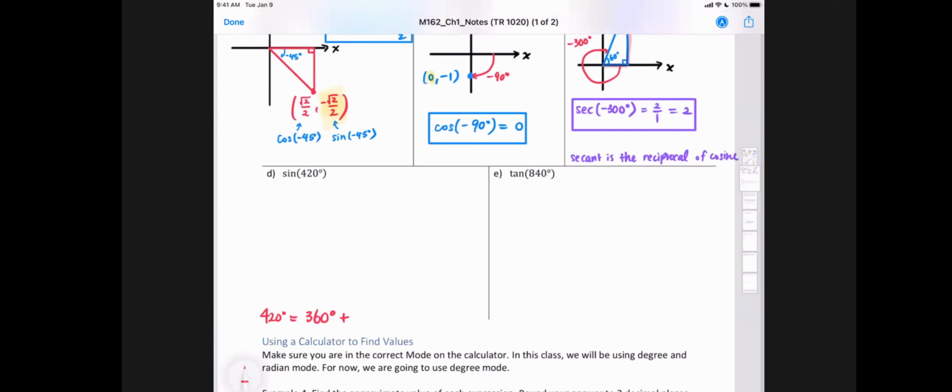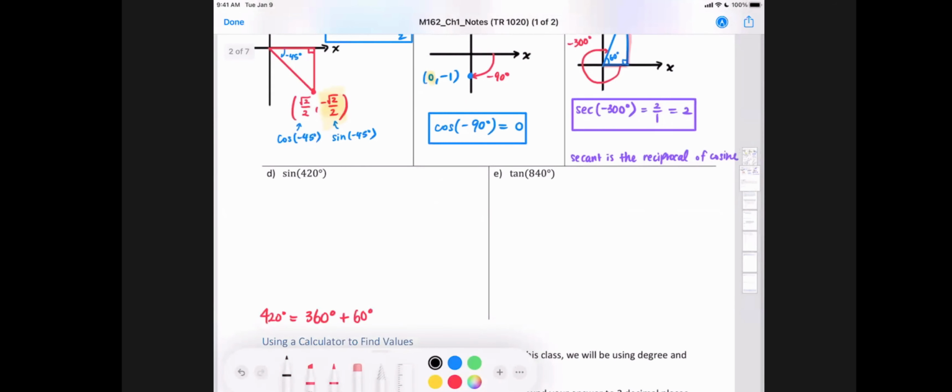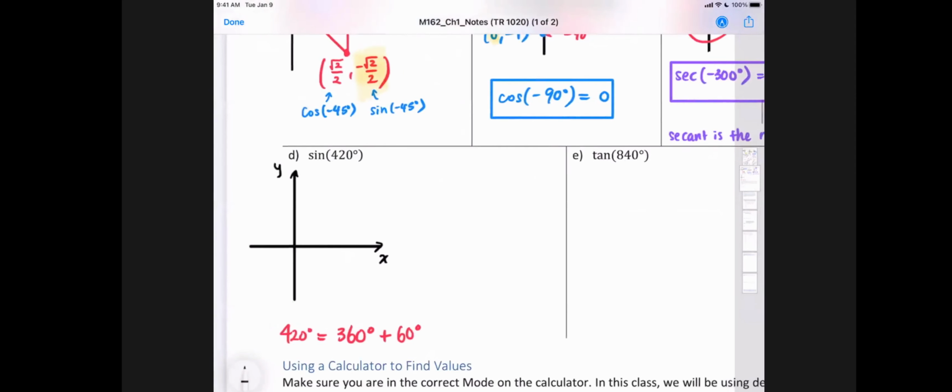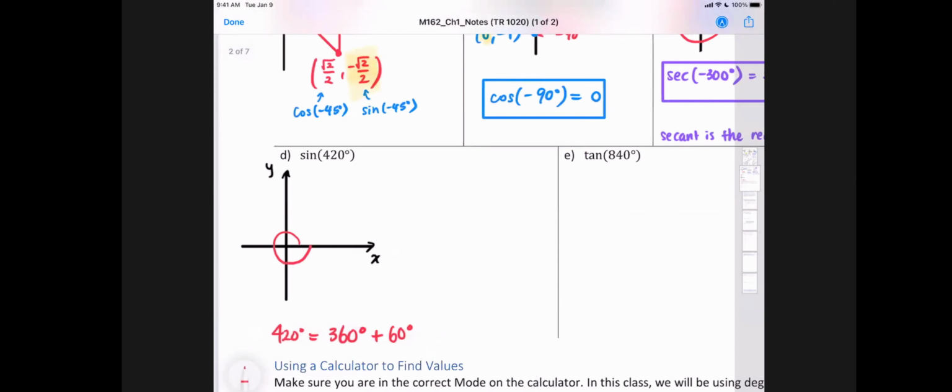Let's see, 420 minus 360 gives us 60 degrees as the remaining amount. So when we draw this picture, we go one full loop around counterclockwise, 360, and then 60 degrees more, and we stop.